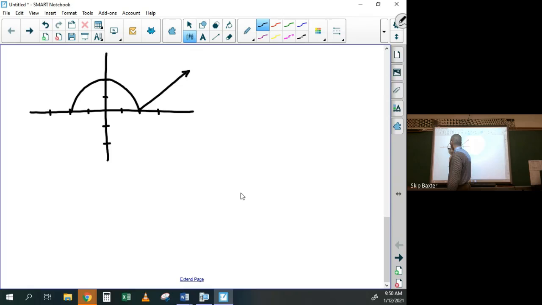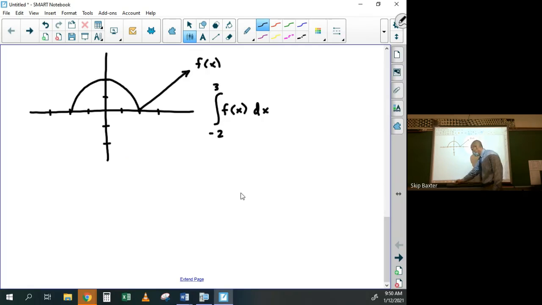And let's say this is f of x. And I want to find the integral from -2 to 3. What can I do?